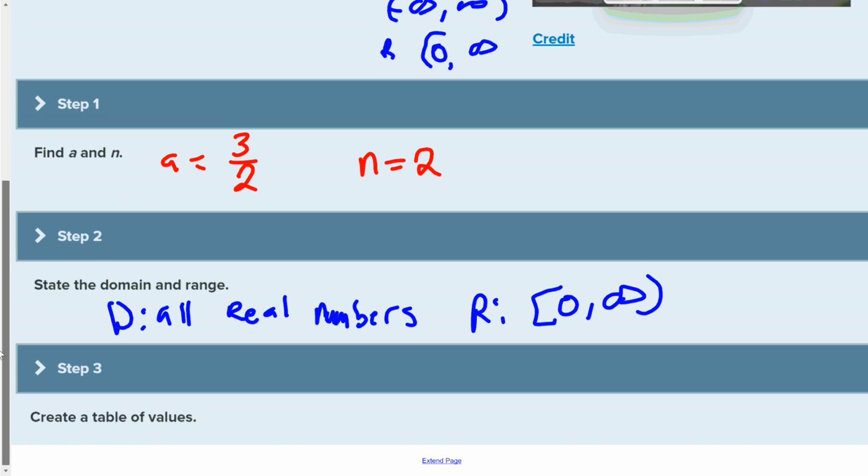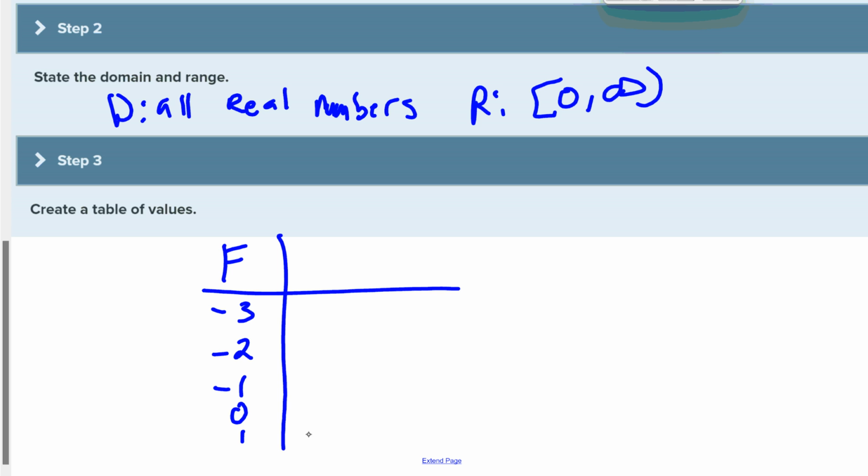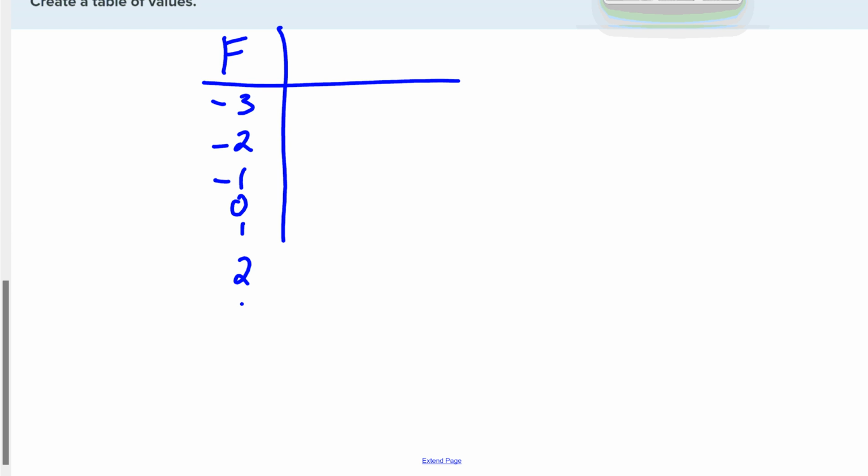Now we can look at creating a table of values. Basically I just want to create a chart of flow rates. So pick some flow rates like -3, -2, -1, 0, 1, 2, and 3.